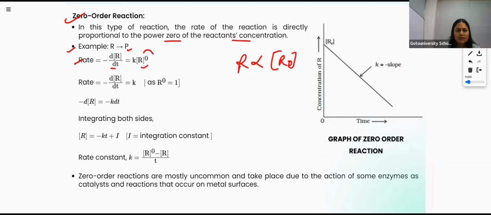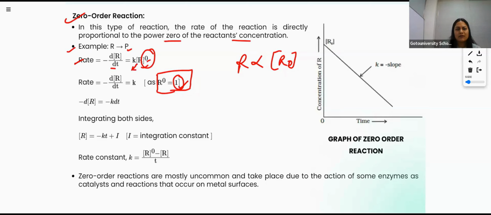For zero order reaction, we have written rate like this, with the concentration of reactants at power 0. Now, anything with power 0 becomes 1.